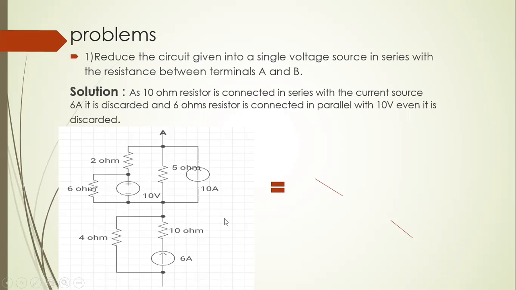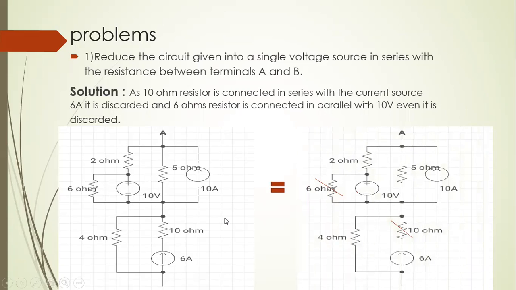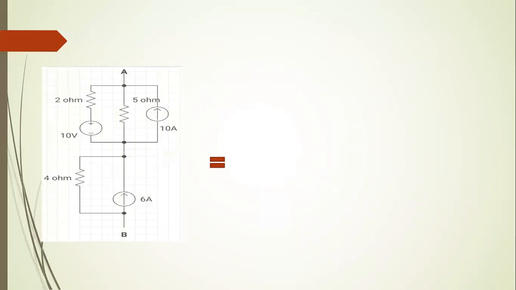Hence, this is discarded. In the same way, the 10 ohms is connected in series with the 6 amps current source. Hence, even that is discarded. Now, redrawing the circuit, it will look like this.